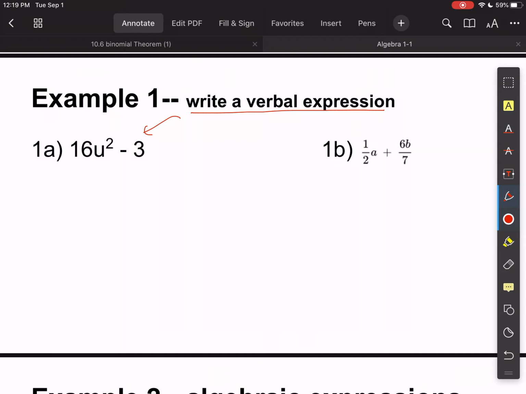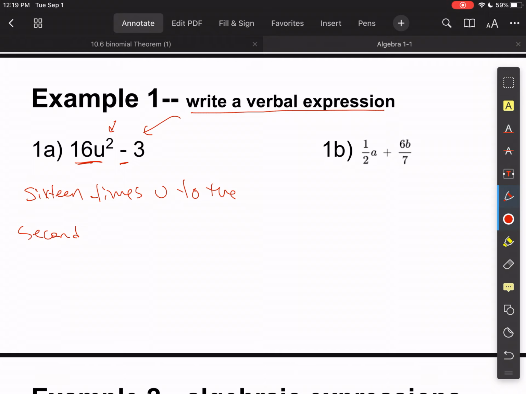Here we see that we have multiplication happening, we have a power happening, we have subtraction happening, right? So I've got to include all that when I'm writing about it. I might say something like this. I might say 16 times u to the second power, or some people might say u squared, right?